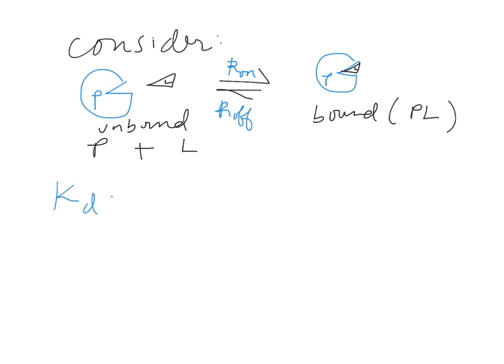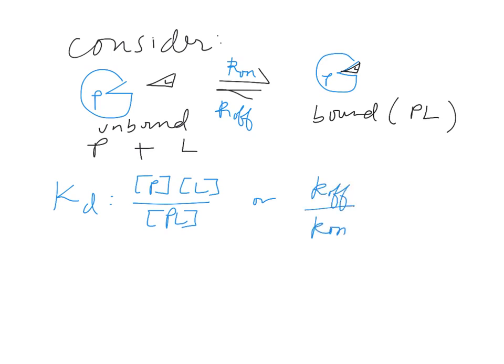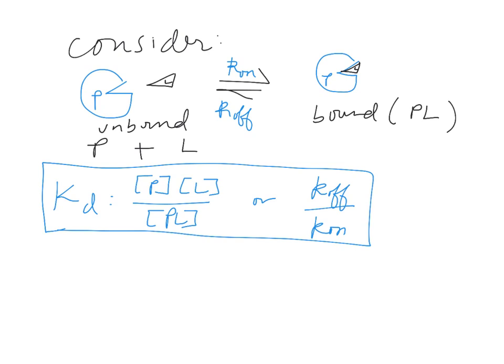KD mathematically is reactants over products, because it's the inverse of the association, or you can represent it as the off rate over the on rate. So you just need to know these two equations. You will likely not be given them on an exam.